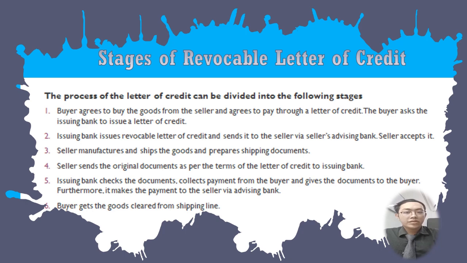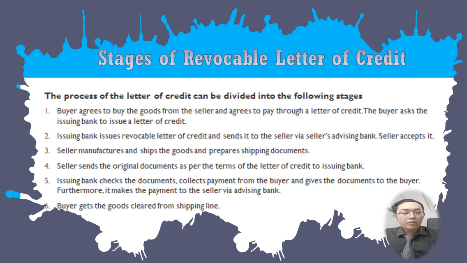And for the fourth stage, the seller sends the original documents as per the terms of the letter of credit to the issuing bank. For the fifth stage, the issuing bank checks the documents, collects the payment from the buyer and gives the documents to the buyer.